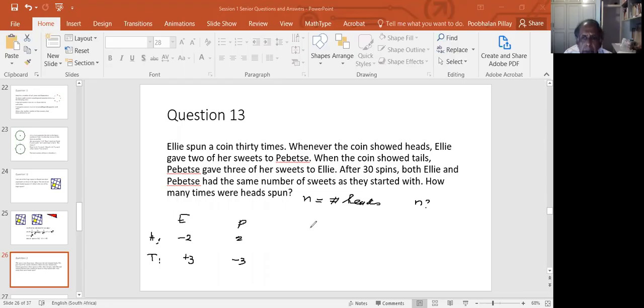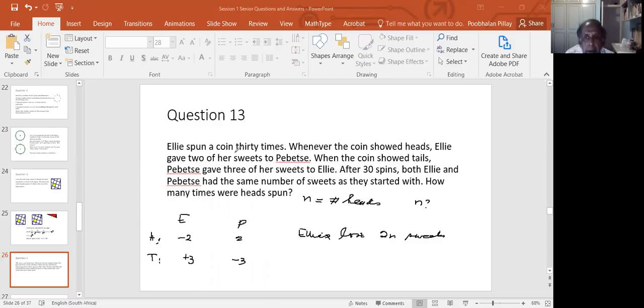What happened to Ellie was that Ellie lost 2n sweets, because for each head, she lost 2 sweets. So after n heads, she lost 2n sweets.